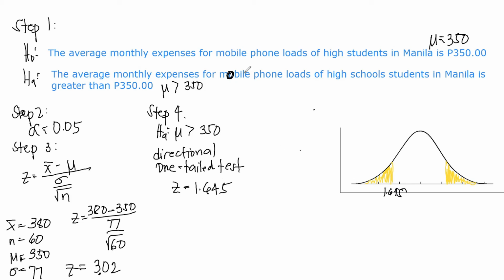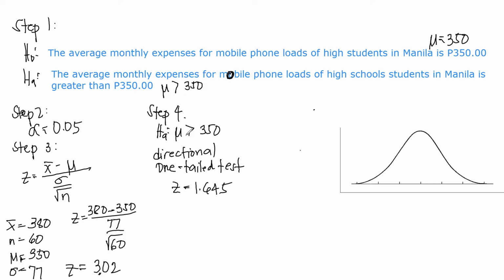Sorry, class. This is a one-tailed test. Therefore, we will just put one tail in the normal curve. And as I said a while ago, since it's directional, we need to find in which direction we shall create a rejection region. And the greater than symbol will tell us where.